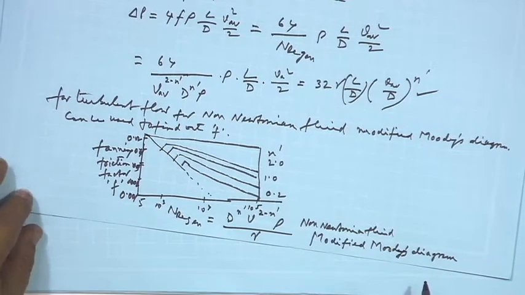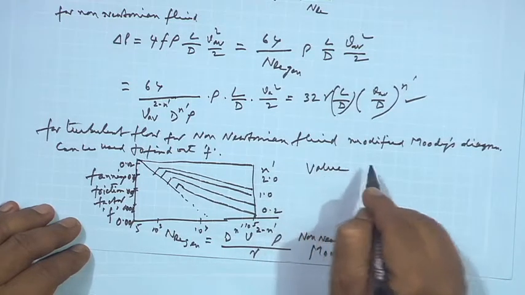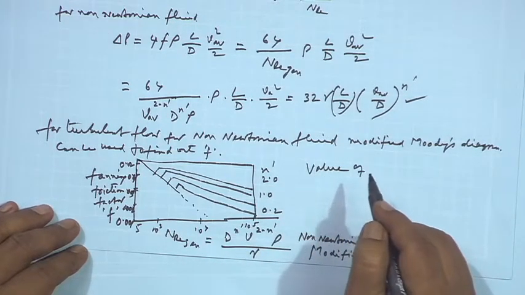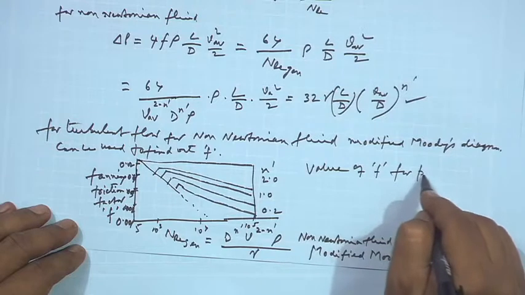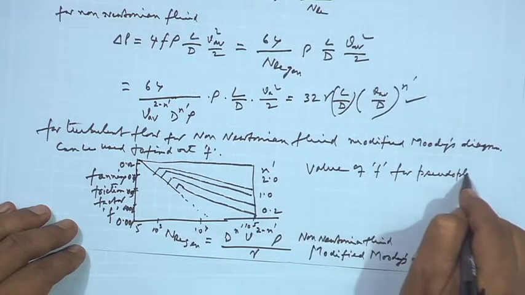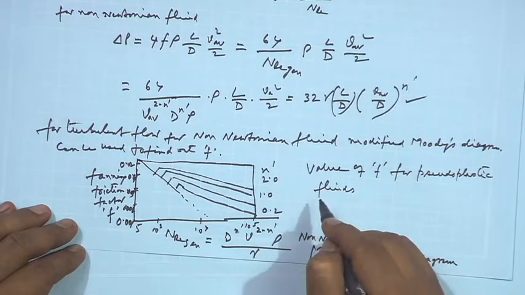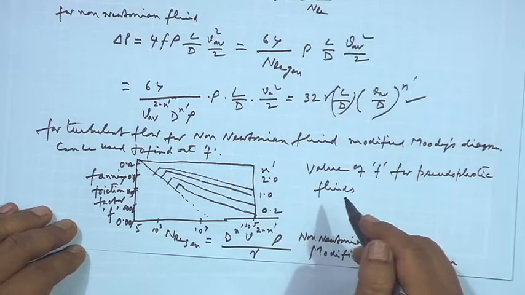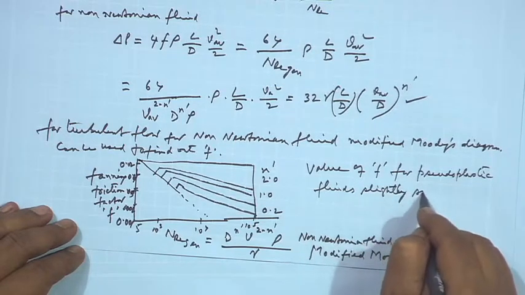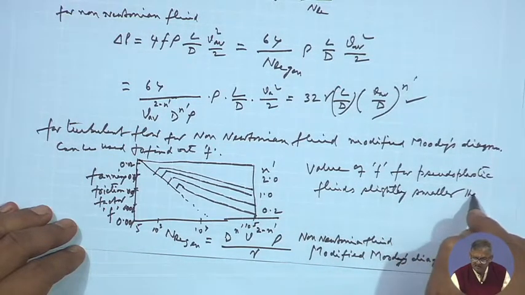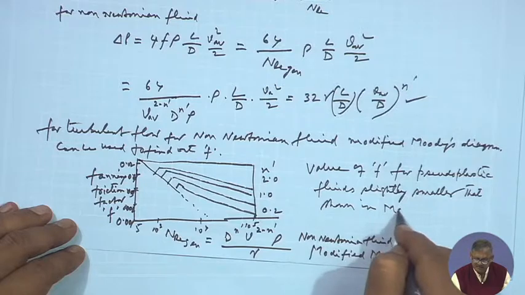And from this diagram we can say that the value of F for pseudoplastic fluids, right, is slightly smaller than that shown in Moody's diagram.